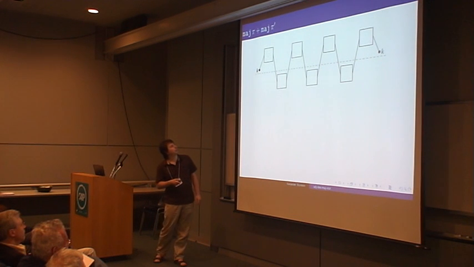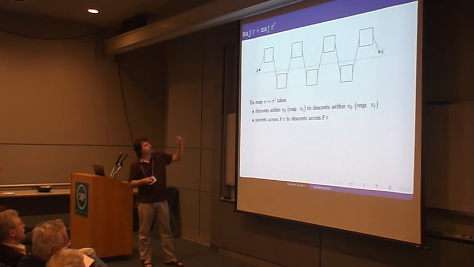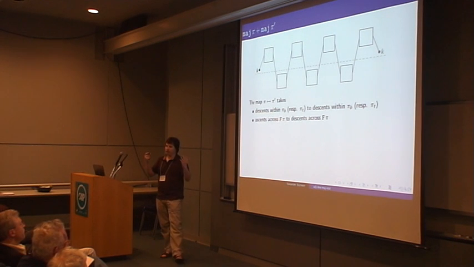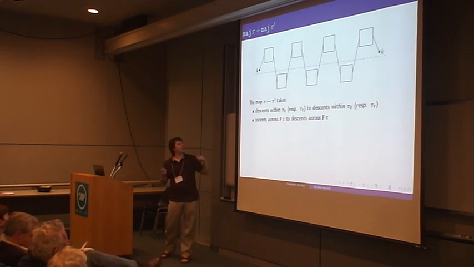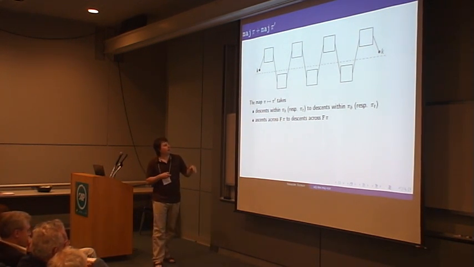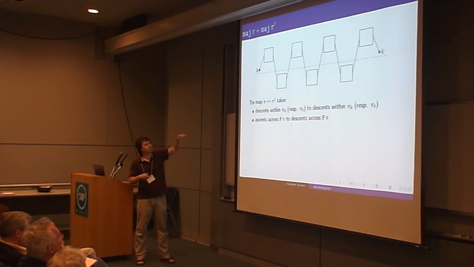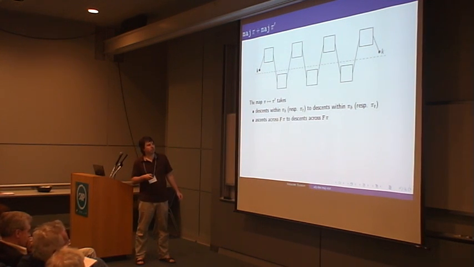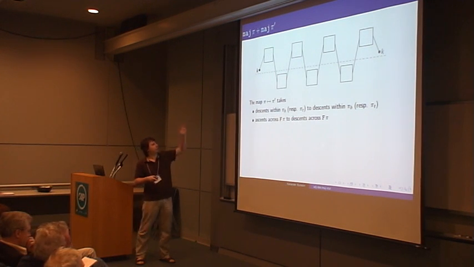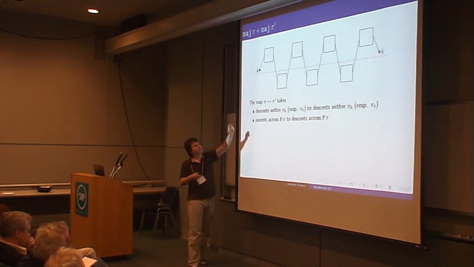On the other hand, to get the other sum, what you do is think about the positions of descents in pi and pi prime. So when you add them up, descents within the top and the bottom go to descents within the top and the bottom, and ascents across the first letter go to descents across the first letter.